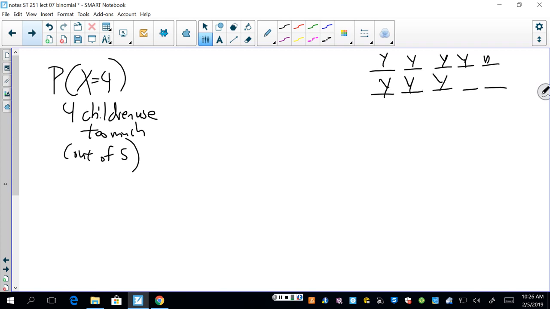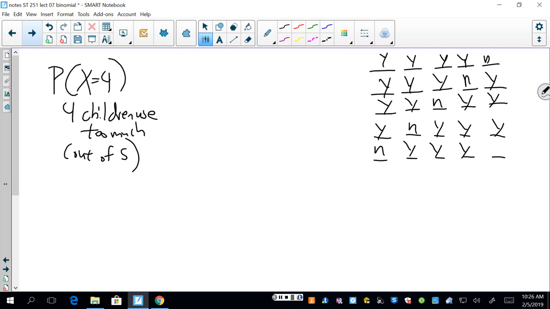Or you could have the 4th child be the one out of those 5 that uses the right amount, or not too much. So how many ways is it possible to get a selection of children such that you just get 1 that's no and 4 that are yes?